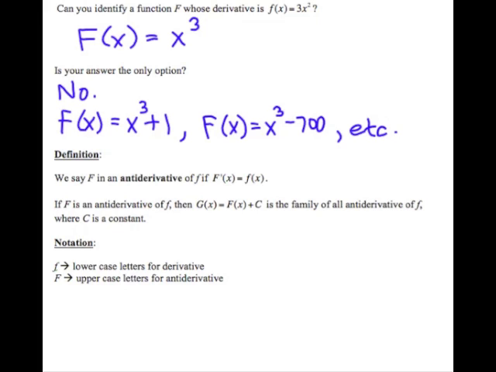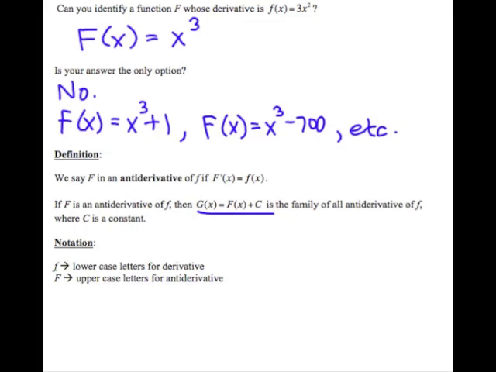So we're going to get a little bit more into the notation here. We say that big F is an antiderivative of little f if we're in a situation where the derivative of big F gives us little f back. So we're working backwards from a derivative. If we know one antiderivative, then we can talk about the family of antiderivatives just by adding a constant c.